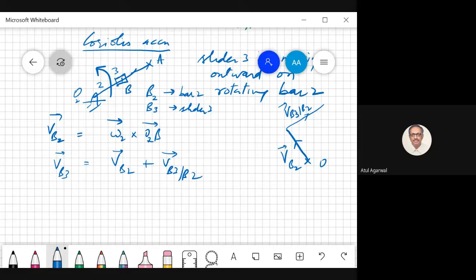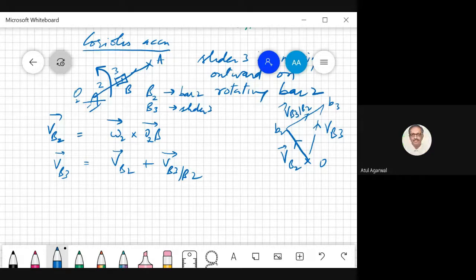So this becomes velocity of B3, absolute velocity of point P on the slider. So this point you call B2, this you call B3. Is it all right?